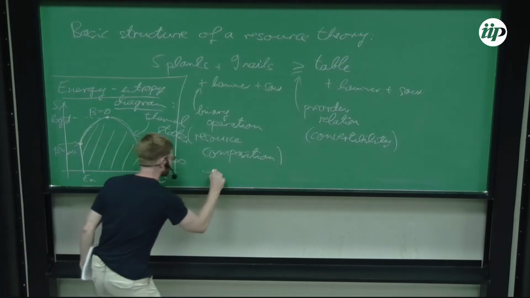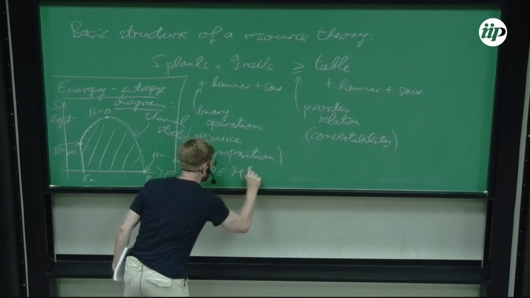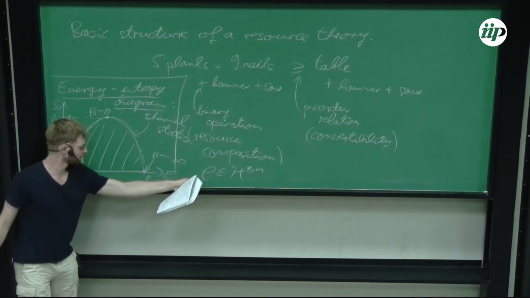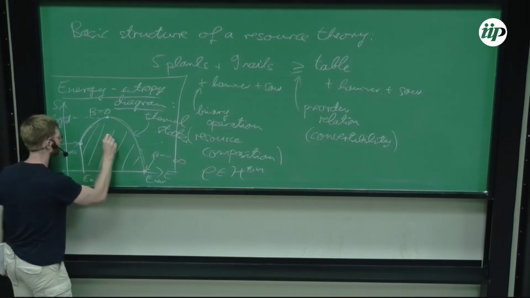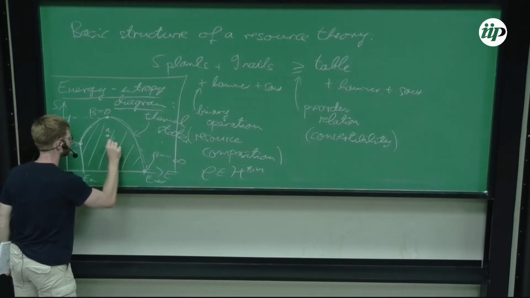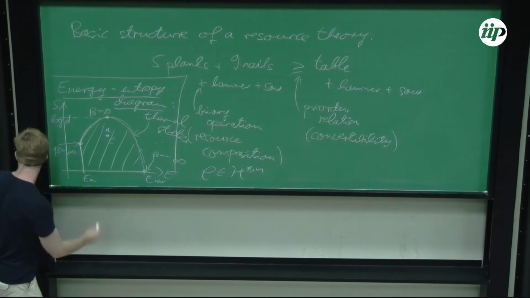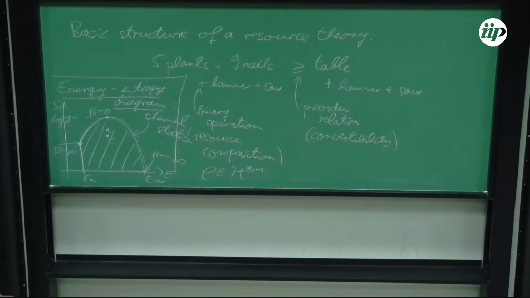So if rho is a state on n copies, then I'm just going to take its energy and entropy, divide by n, and then it becomes a point in this diagram. So this would be rho, and I label it by n to indicate that this corresponds to n copies. So now suppose that I want to talk about rho tensor sigma.